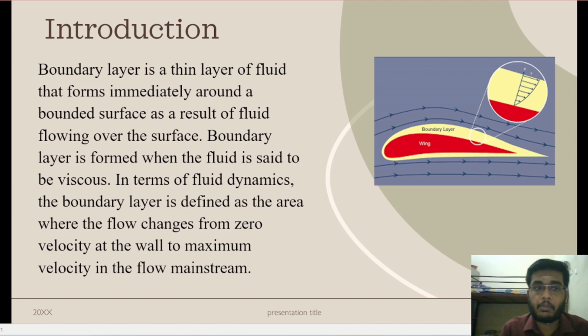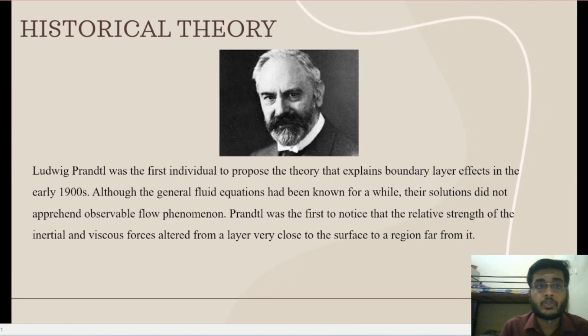In terms of fluid dynamics, the boundary layer is defined as the area where the flow changes from zero velocity to maximum velocity in the flow stream. The concept of the boundary layer was brought in by Ludwig Prandtl. Ludwig Prandtl was the first individual to propose the theory that explains the boundary layer's effects.